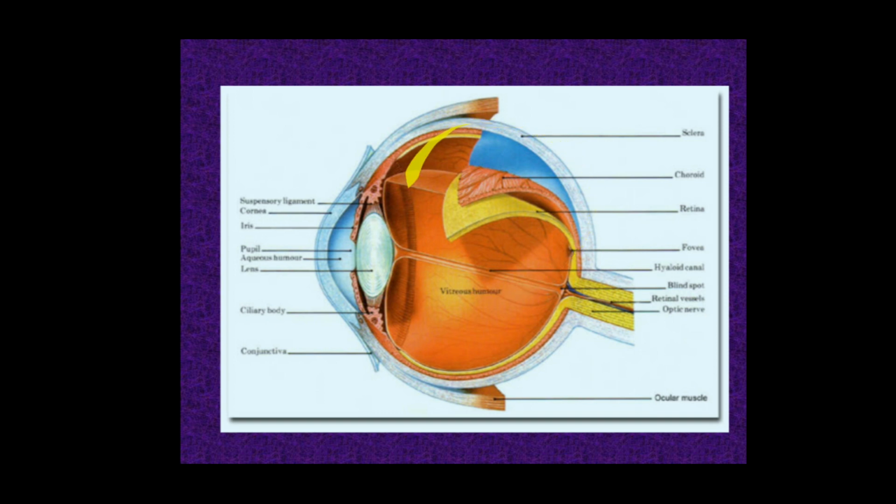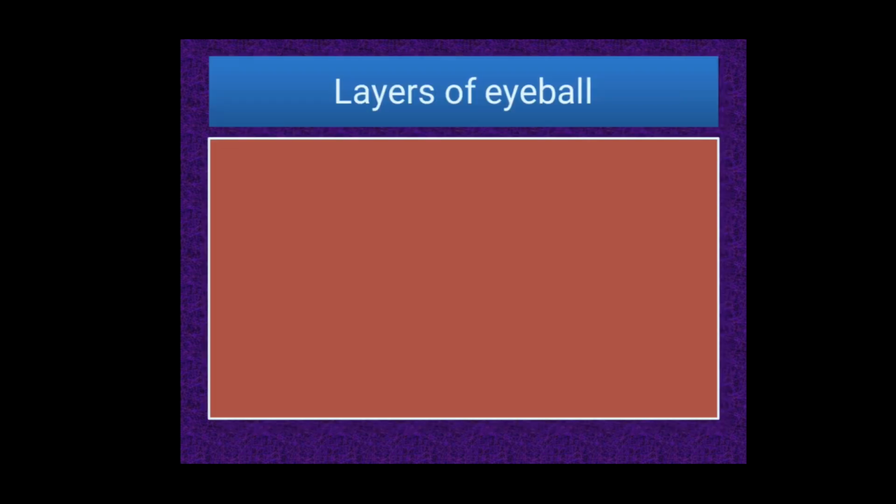Each layer is peeled off a little in order to focus on the types of layers in our eyeball. Here you can see the first layer, then the second layer, and the innermost third layer. So the eyeball is made up of three layers.